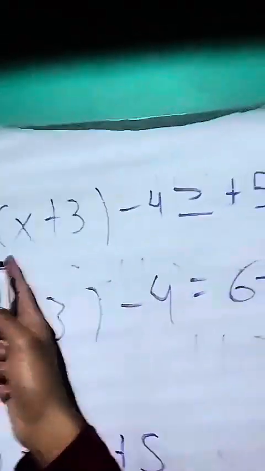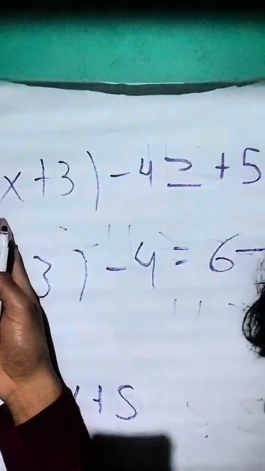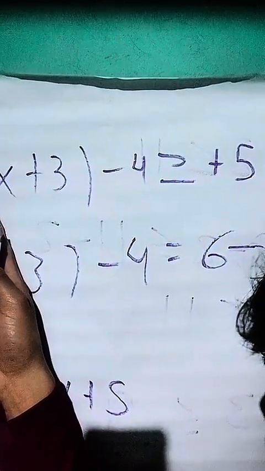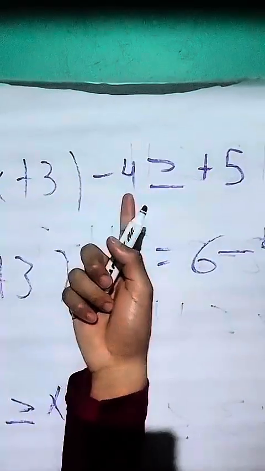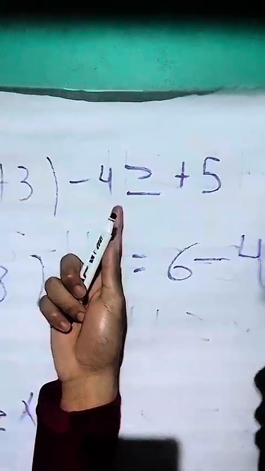Another example. Solve the inequality 2(x + 3) - 4 ≤ x + 5.